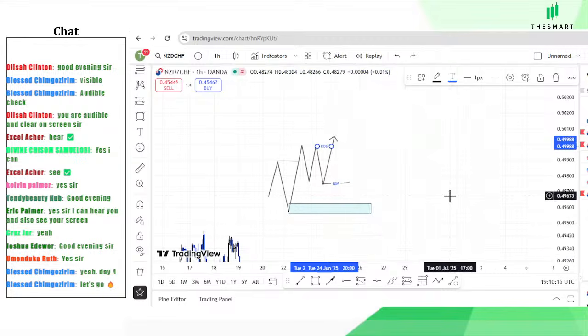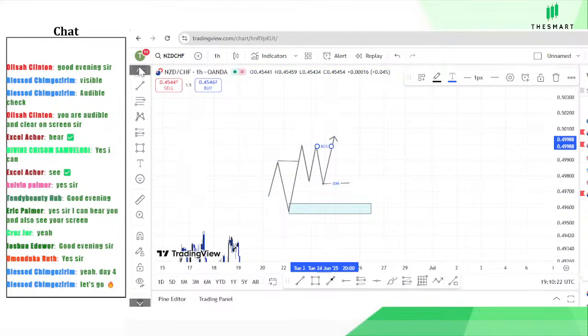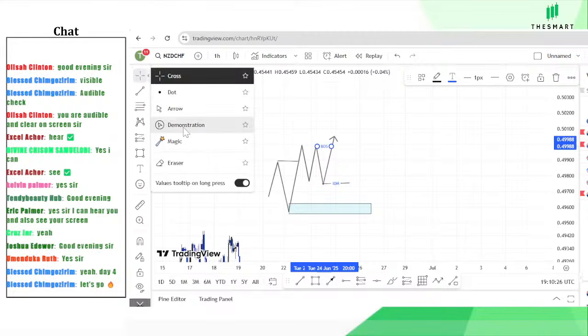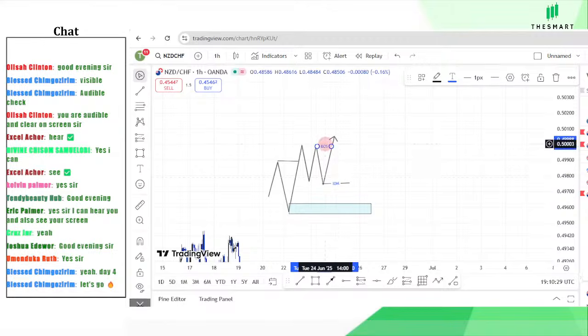Now, why didn't I mark this point as my order block? Let me turn on my highlighter. Why didn't I mark this point? Because this was where we had the last breakout structure. This is where the concept of inducement comes in.